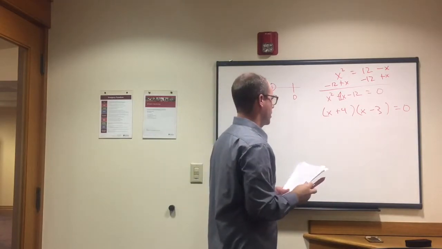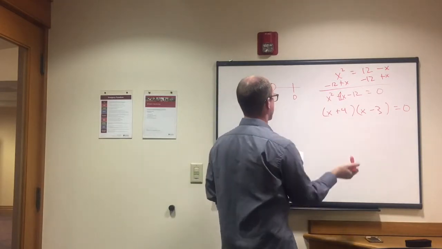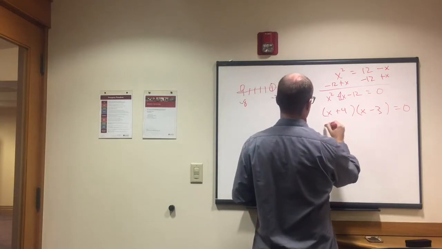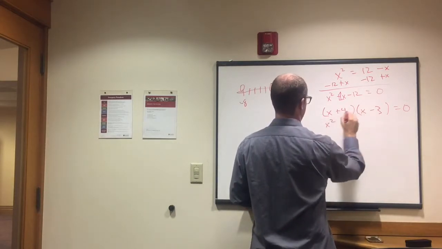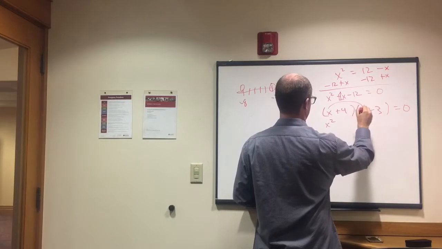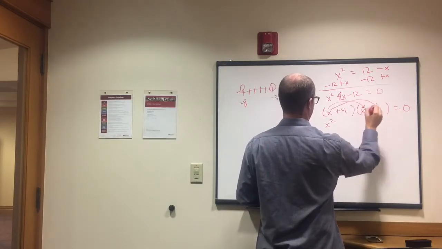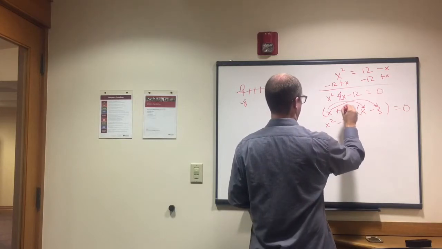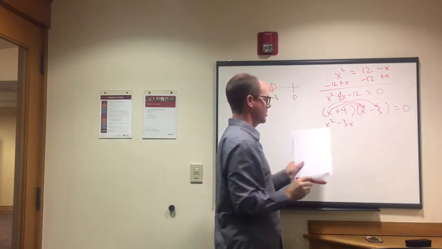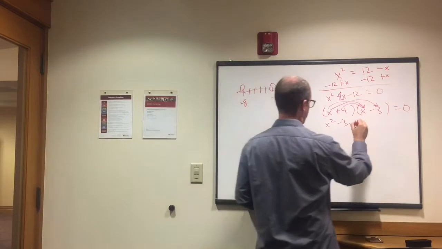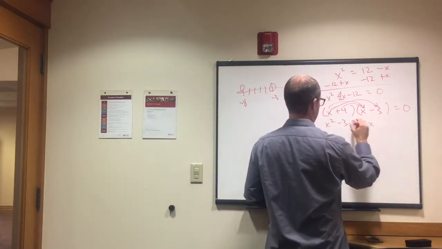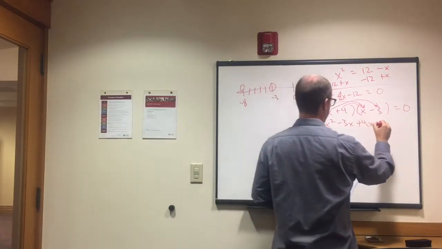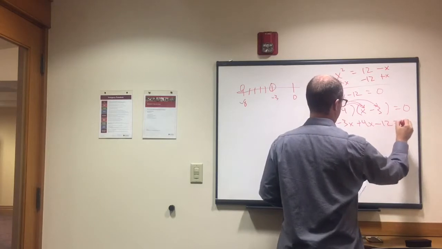Okay, so x plus 4 times x minus 3, so let's make sure we did it right, right? So that equals x squared, x times x is x squared, x times negative 3, negative 3x, 4 times x, 4x, so plus 4x, 4 times negative 3, negative 12.